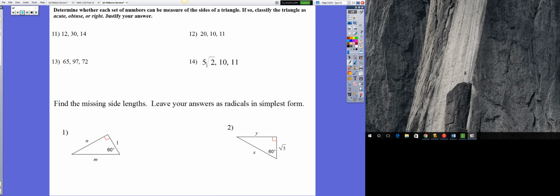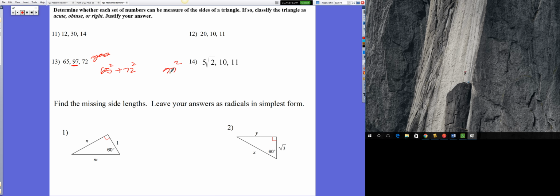13, okay, the biggest side is 97. So add up 65 and 72. 65 and 72 is way bigger than 97, so it is a yes. So it's going to be 65 squared, add 72 squared. Those are the two little ones, and let's see how they rank to the big one, 97 squared.